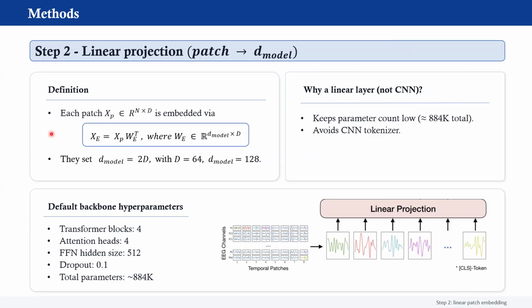So for every patch, you have D model number of vectors of size D, and you take a dot product of every patch with all of these vectors, okay? Right? Okay. Yeah, because our patch is one dimensional. Yeah. Okay.